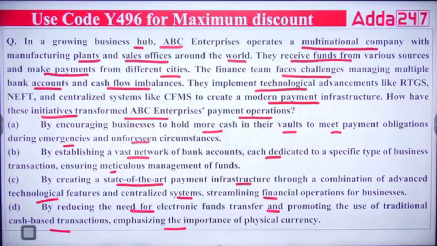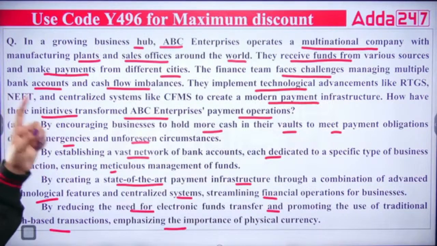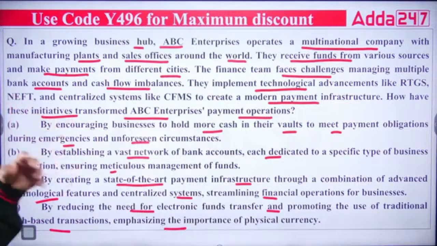What transformation has been seen? They have introduced the initiative of RTGS, NEFT, CFMS, and they started using advanced technology. So it will make their money handling process much better. Now they are managing their money in a much better sense, like upgrading a computer to make it super fast.